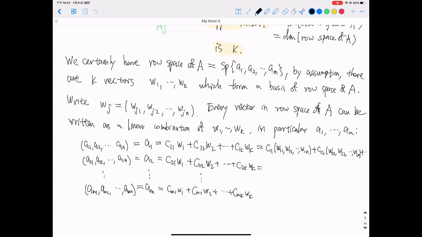Likewise, the right-hand side of the second equation is C21 times W11, W12, ..., W1n, plus C22 times W21, W22, ..., W2n, and so on.